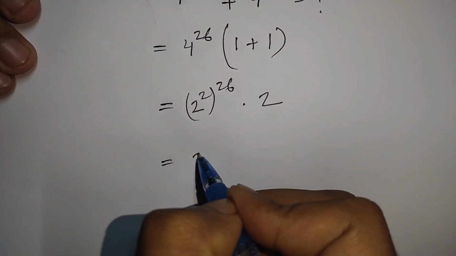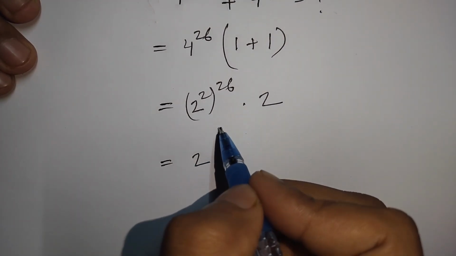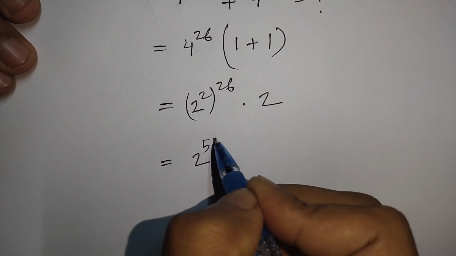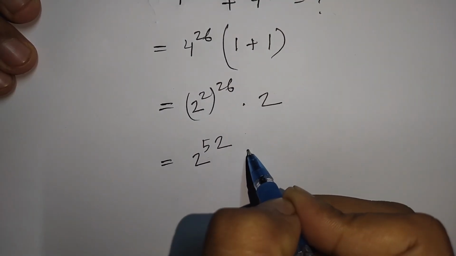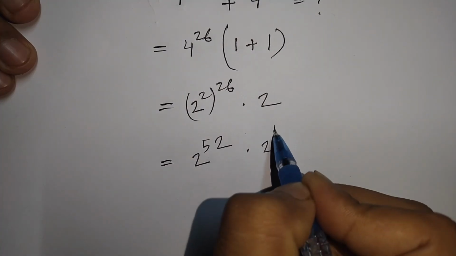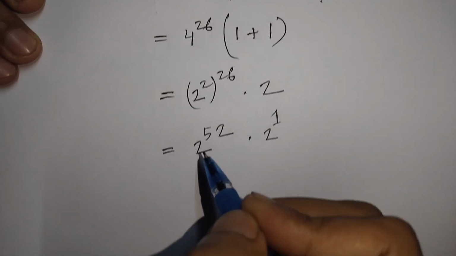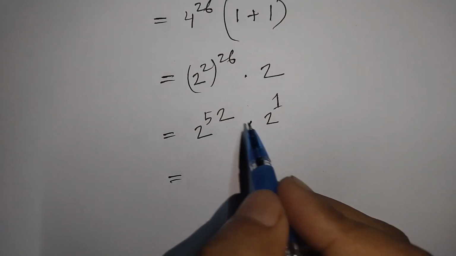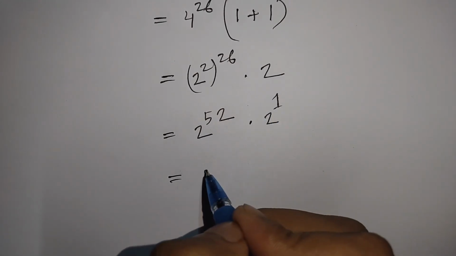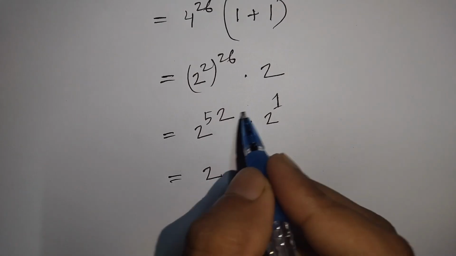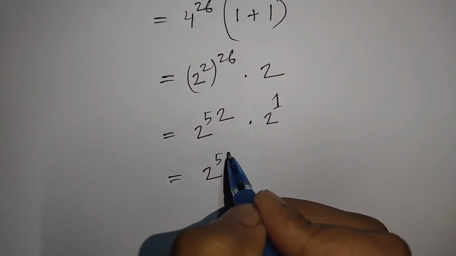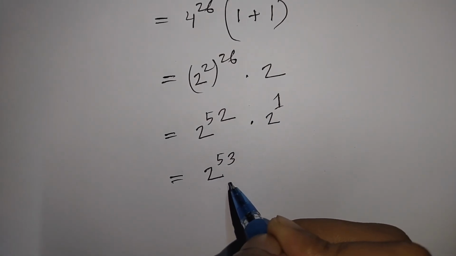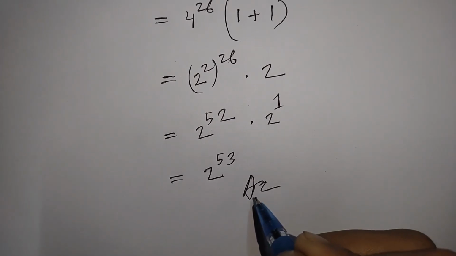Now 2 to the power 2 times 26, that means 52, times 2 is the same as 2 to the power 1. Now we see that 2 has the same base but different powers, so we can write here 2 to the power 52 plus 1, that means 53. So 2 to the power 53 is the correct answer.